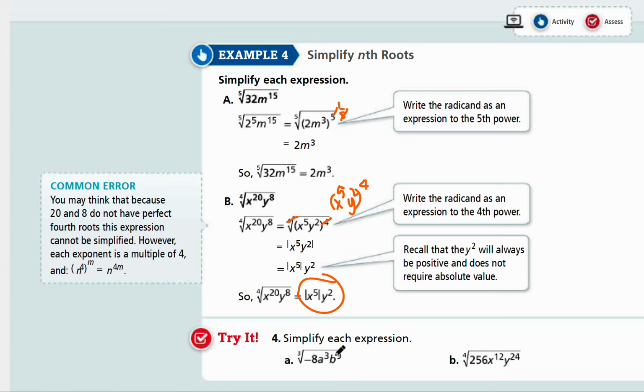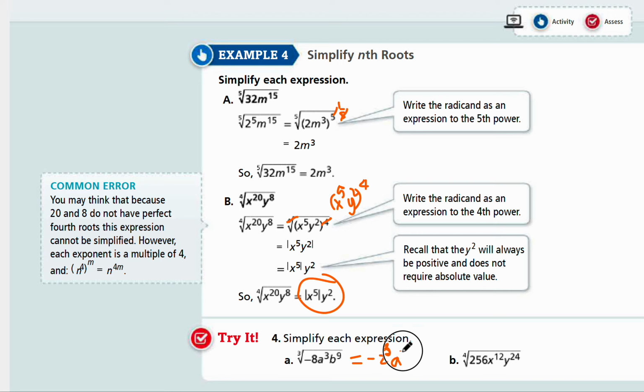Yeah, so in order for this to be real, we already have a negative sign here. So either a or b has to be negative. So we're not going to put an absolute value sign because either a or b has to be negative. So don't worry about absolute value for this one. All right, so this one, let's rewrite this as 2 to the power of 3.